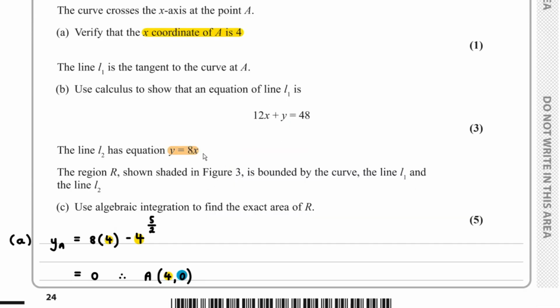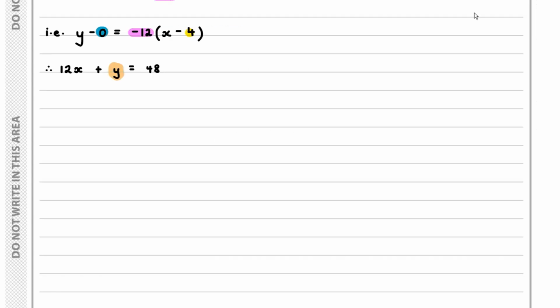Now, we know that y equals 8x, and we know that 12x plus y equals 48. So for us to find out where L1 and L2 intersect, I need to replace the y with 8x. So, I've got 12x plus 8x equals 48. So 20x equals 48, meaning x equals 2.4.